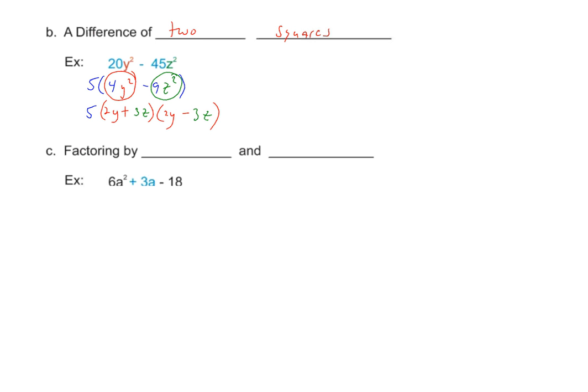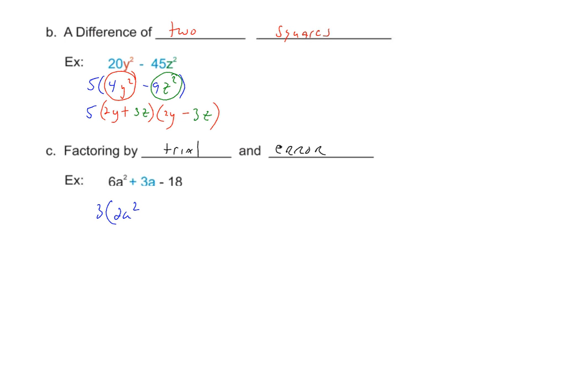And then, of course, don't forget the aspect of factoring by trial and error. Hopefully, we're much better at this by now. We've been factoring all year. But again, factor out common factors first, and I see a common 3.